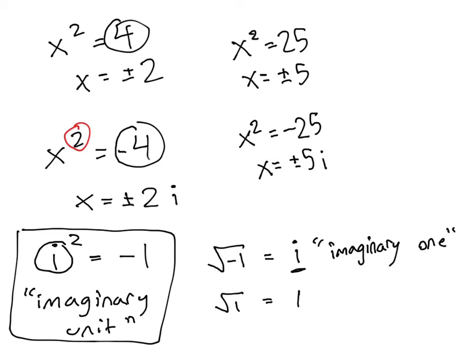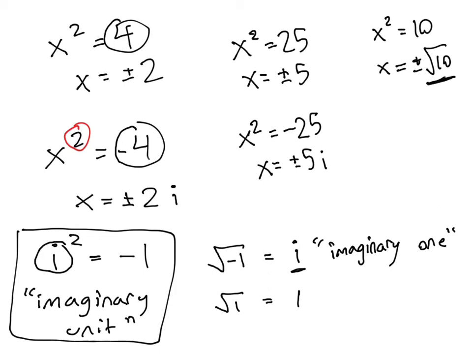And we can also use i to find square roots of numbers that are not perfect squares. Like if we want to find the square root of 10, there is no integer that we can multiply times itself to get 10, but we would just write this as x equals the positive and negative principal root of 10.